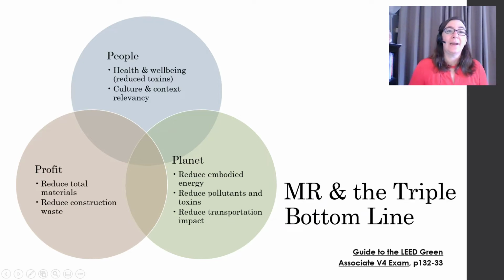Moving to the category of profits, in general, we're interested in keeping costs down. One of the ways to do that is to simply reduce the total amount of materials purchased or procured, and also reduce construction waste or reduce waste in general, so we're not paying for things that we don't use.